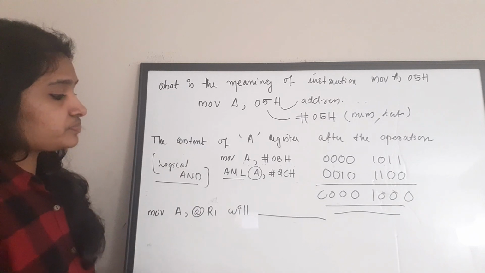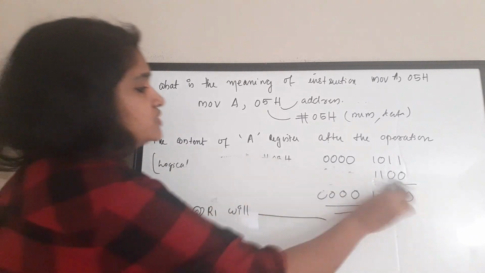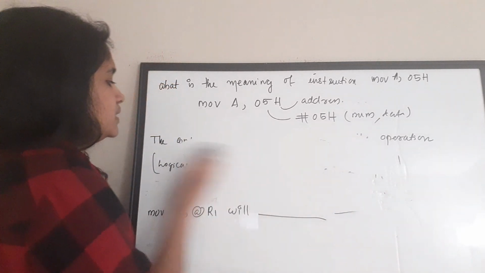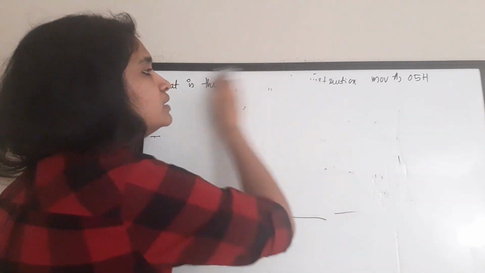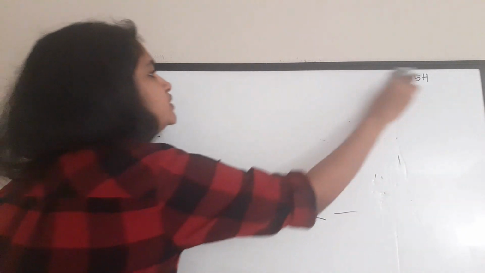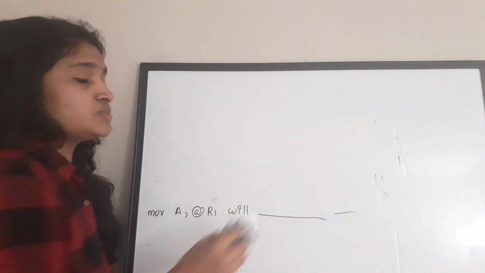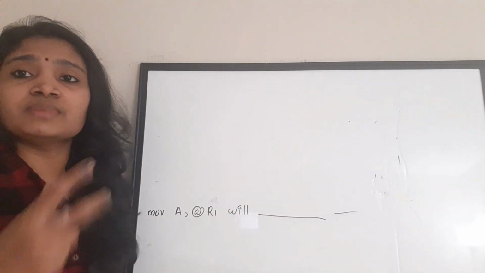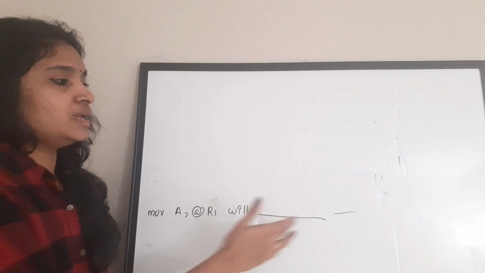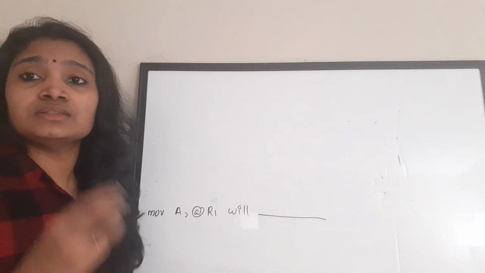Next question. My aim while doing this video is to familiarize you with some coding executions and some basic things, so that it is easy for you if you encounter these types of questions.